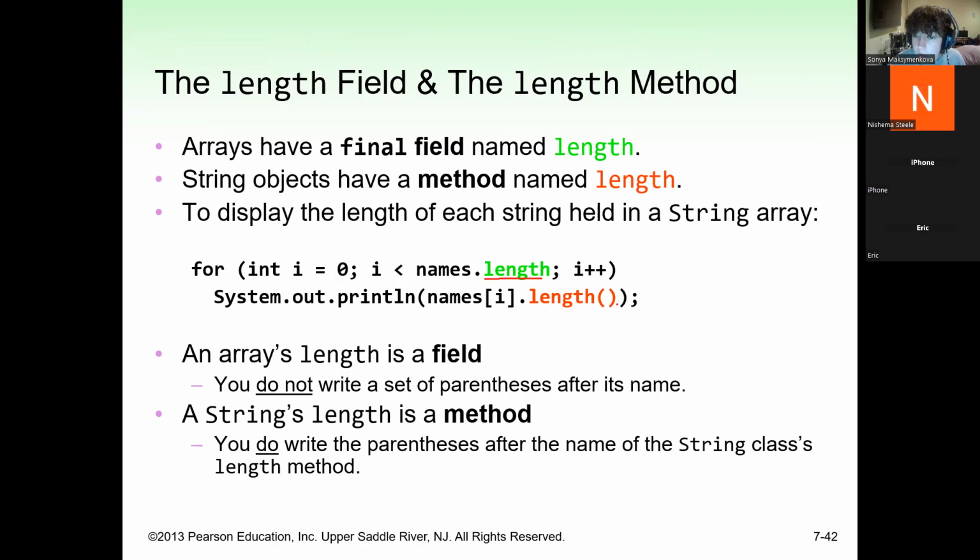While length without the parentheses will return the number of elements, length with the parentheses can only be used on a single element of your array, and in this case it's going to return how many characters that string has. So the only difference is that for arrays, length is a field, which is a variable, and for strings, length is a method, which is used with the parentheses at the end.